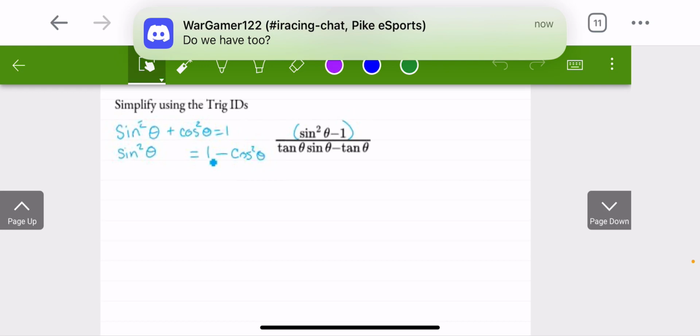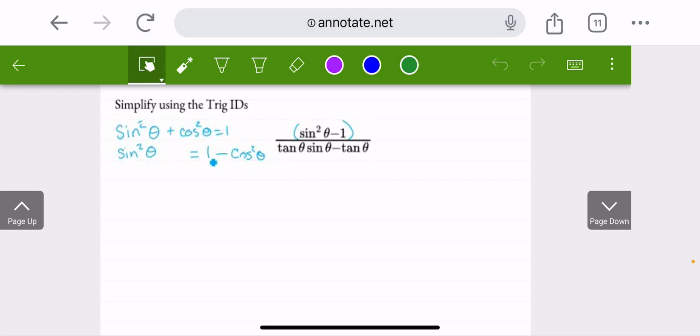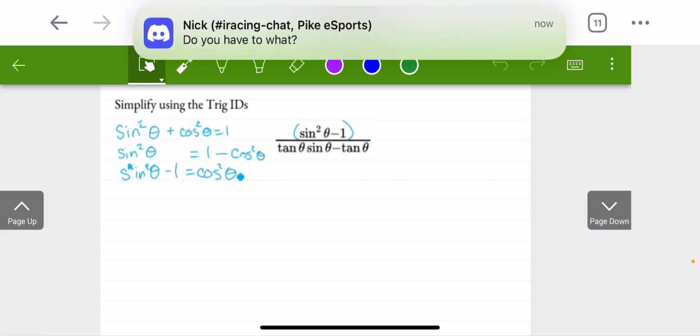But I didn't want sine squared, I want sine squared minus 1. So if I subtract 1 from both sides, sine squared theta minus 1 equals cosine squared theta. So sine squared theta minus 1 is the same thing as cosine squared theta.